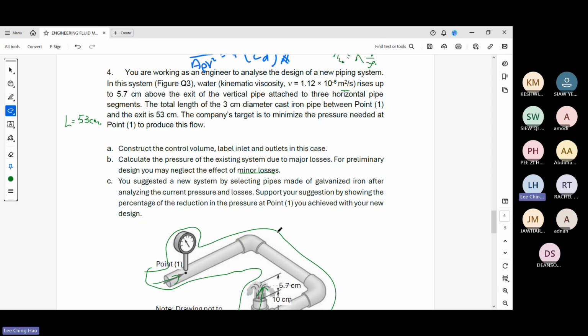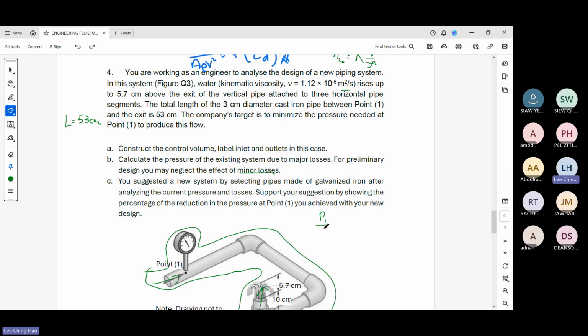If you use the first one, which is what I always use, I use points 1 and 2, since here we are using one also. This is the first Bernoulli equation, from point 1 to point 2. Then you just plus HL, whether minor or major.